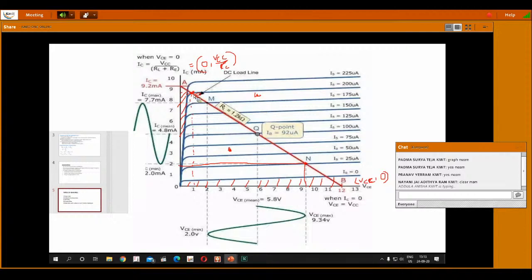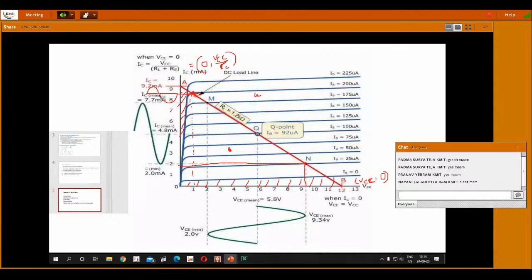Now, if I have the operating point near the saturation region, then one part of the signal, for example like this, is distorted. My positive cycle of input is distorted and my negative cycle of input is transferred and amplified.